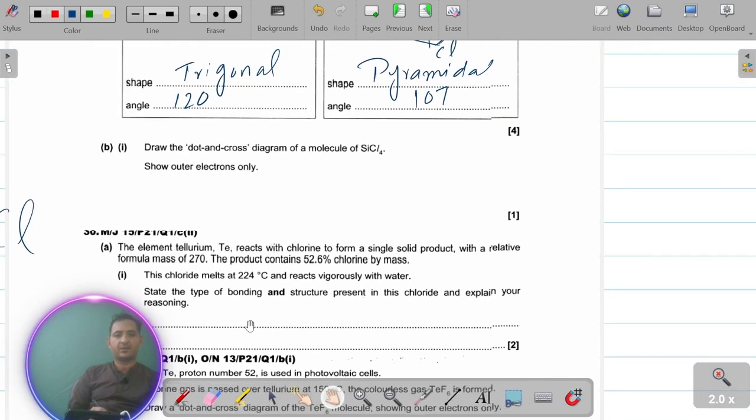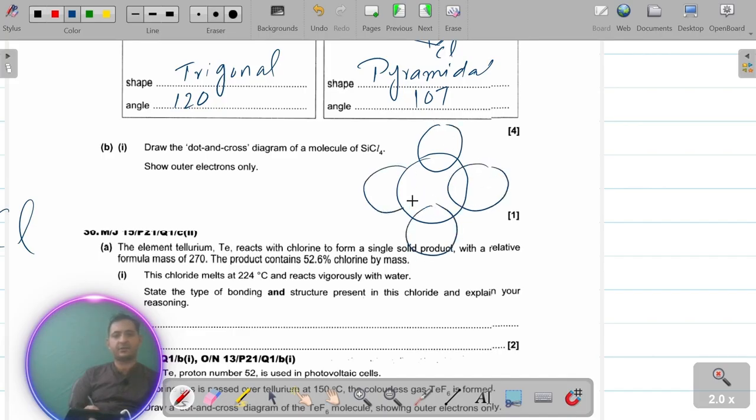How can I draw this structure? I will draw the silicon, with one chlorine here, a second chlorine, a third chlorine, and a fourth chlorine. The silicon electrons are shown with crosses, and the dots are electrons of chlorine.